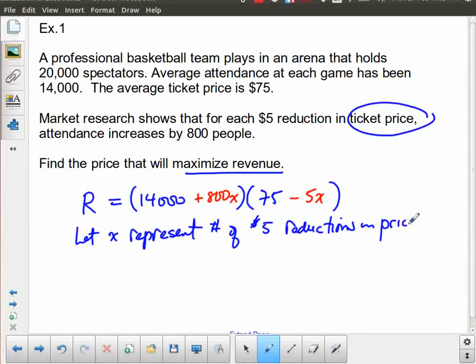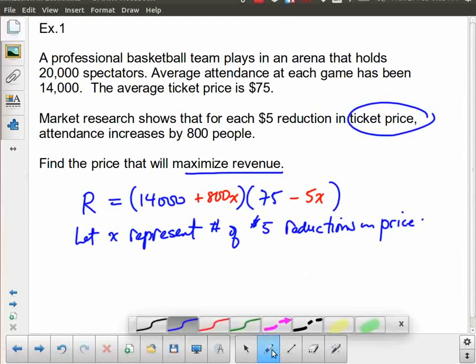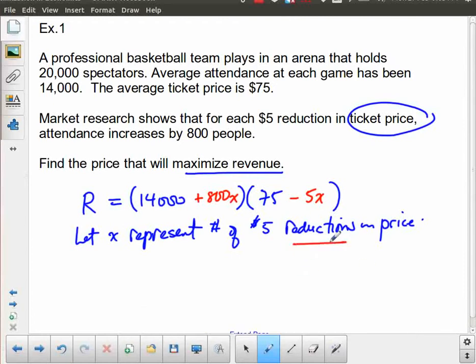And that's important because when we solve this, if we end up with a negative answer for X, that means we actually have to increase the price. Whereas if we end up with a positive answer for X, that means we have to decrease the price. So this idea of reductions is tied to how we set up our equation in the first place.